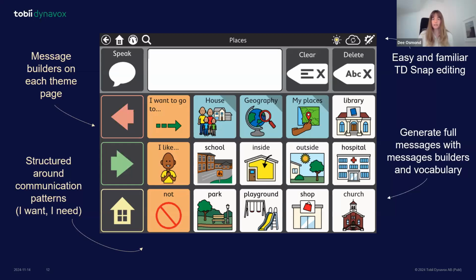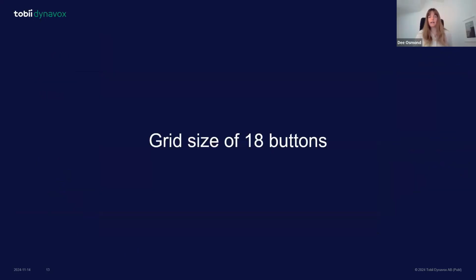And so, as I had mentioned, the focus of Express is to speed up communication using this supported message building with this smaller number of buttons per page and the concrete message pathways. And if you noticed, I had just mentioned the size of the buttons. So the grid size in this page set is fixed.